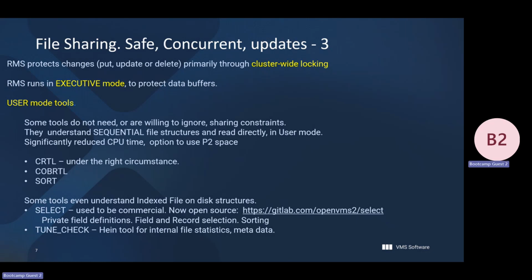It's been a lifesaver for some businesses that couldn't do their work if they didn't pre-select 1982 data. No, I'm dating myself. 2023 data, and sort it by social security number and give it as a chunk to the next processing step. If they had to do that through the RMS interface, it would take 5 times longer. Really nice little tool that has its own data definition language.